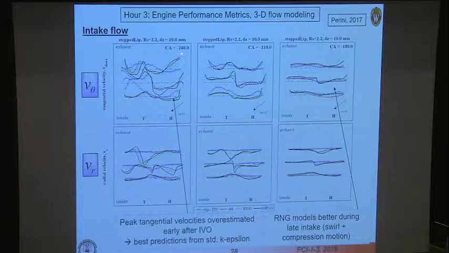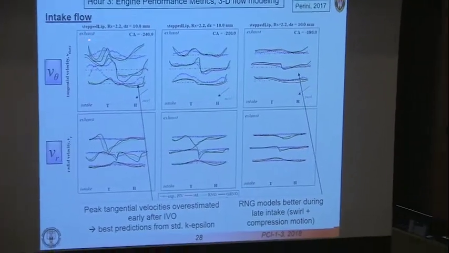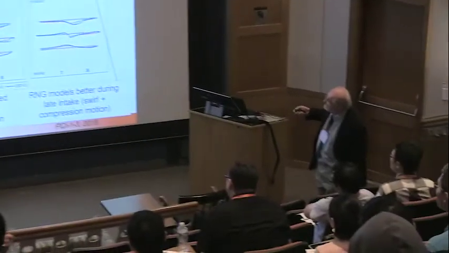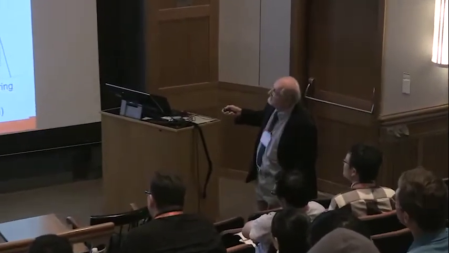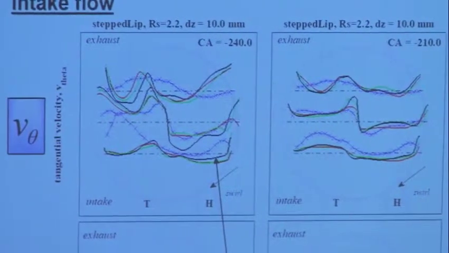Over here, you're still pretty early. This is on the exhaust side of the engine, this is the intake side. You had a flow coming through the intake and it's creating a mess inside the combustion chamber. You can see the experimental measurement here. It's really messy. The simulation results are quite far from the experiment.